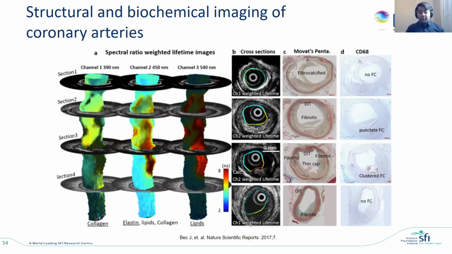So if you have any blockage due to cholesterol or other diseases, atherosclerosis and so on, you would be able to see them with this kind of imaging, and you see the biochemical profile of blood vessels in very small detail.